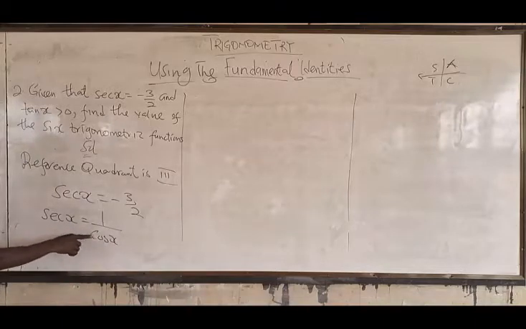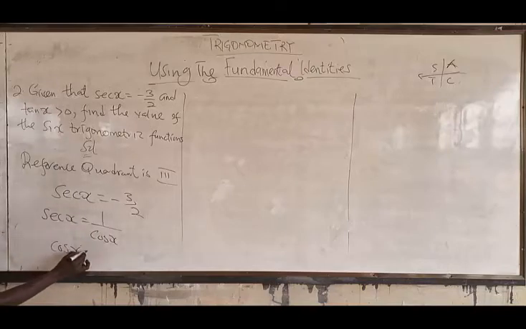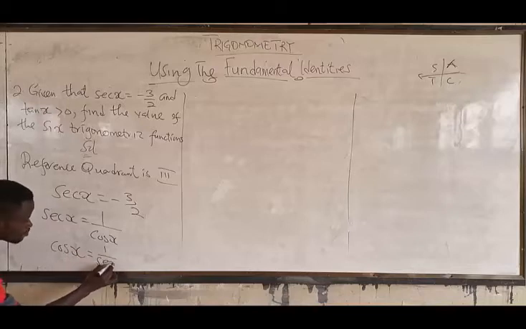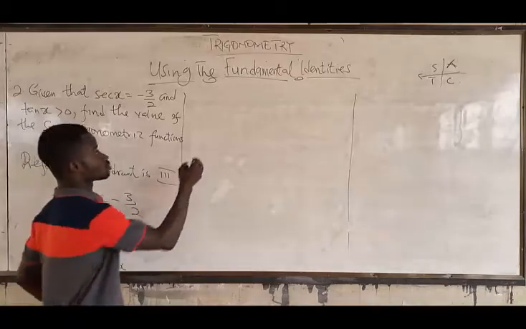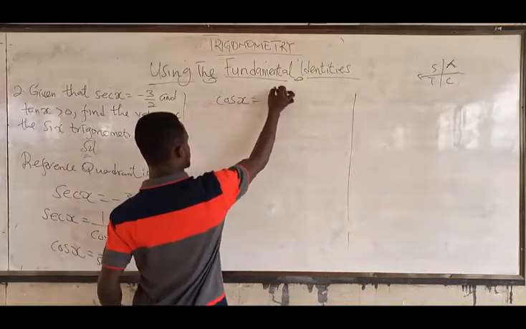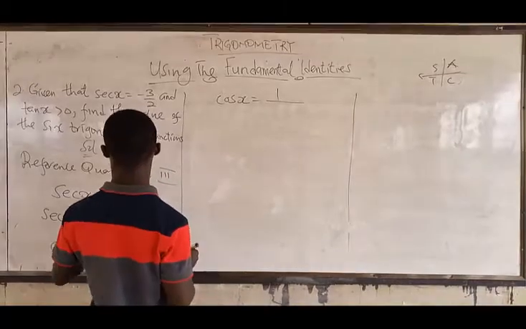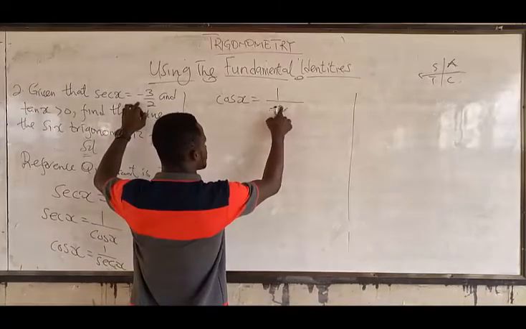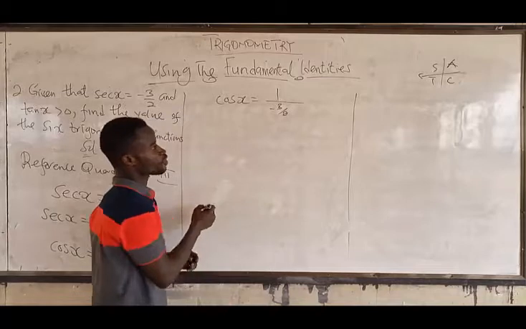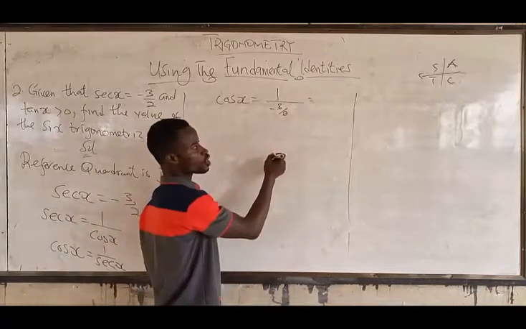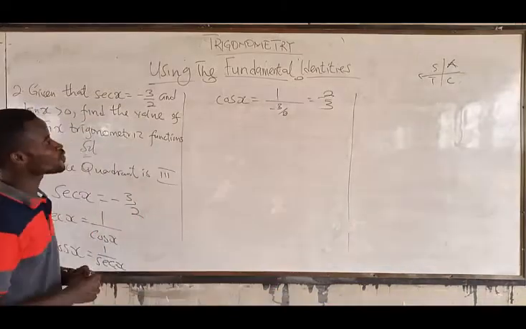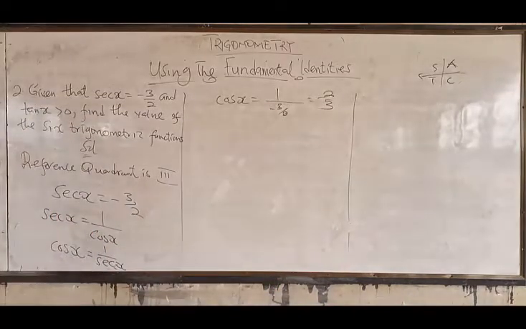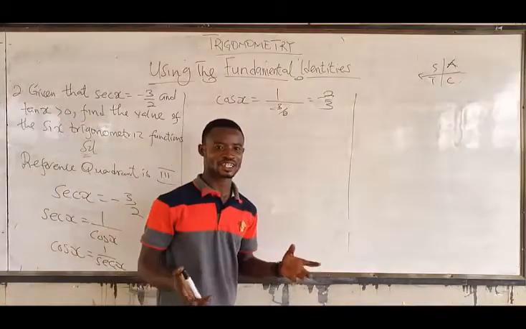That means that cos x is equal to 1 over sec x. So sec x from the question is negative 3 over 2. Therefore, cos x is negative 2 over 3. Beautiful. So that is that.